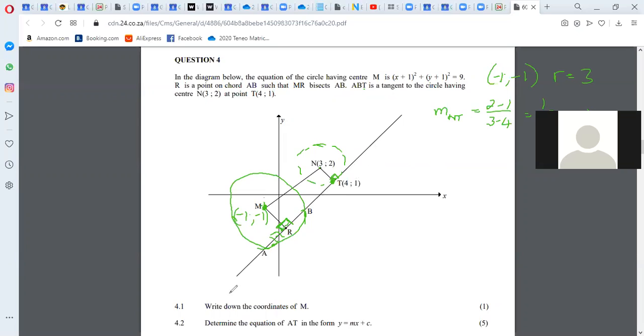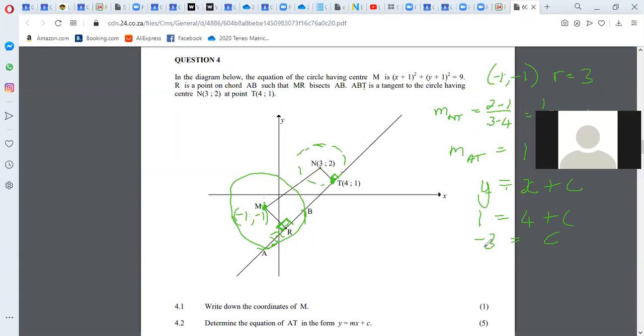So the perpendicular gradient, the gradient of AT, will be the opposite. It'll be +1. And then I can easily find the equation of that line, right? y = 1x + c, and then I sub in the point. So c will equal 1 minus 4, which is minus 3.